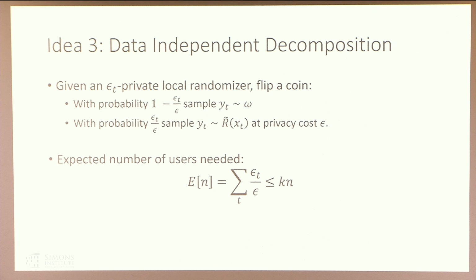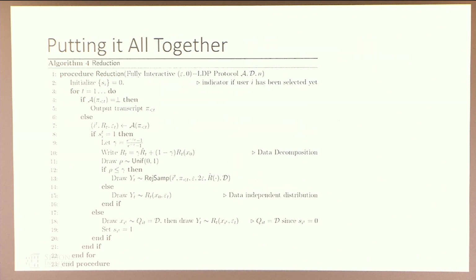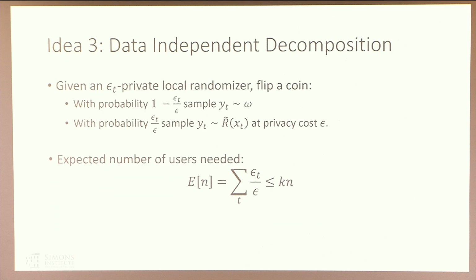Right, this is like some generic way to trade off, if you have an existing protocol, I can trade off privacy with sample complexity. Okay, so you put it all together and it also shows that K-compositionality is quite common. Okay. What do you mean?